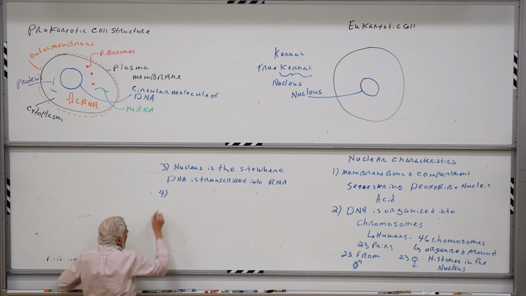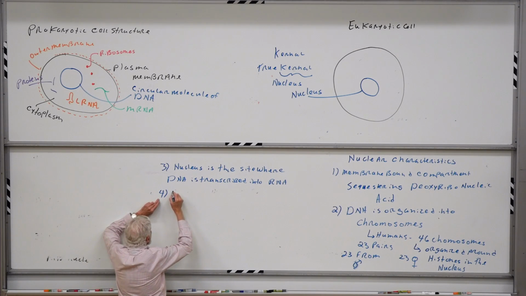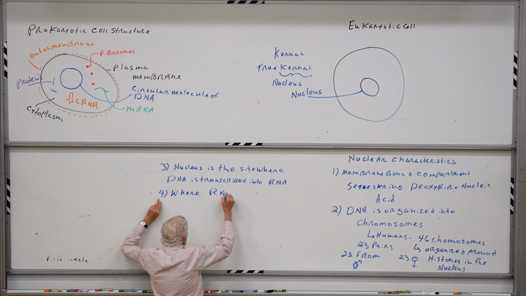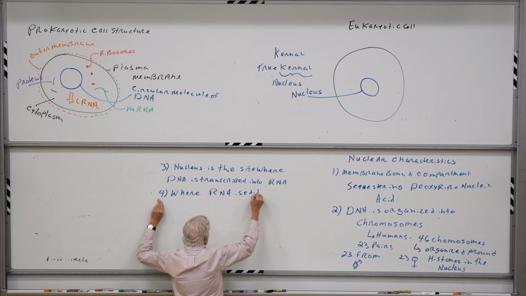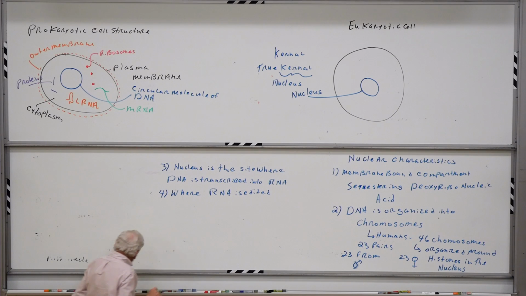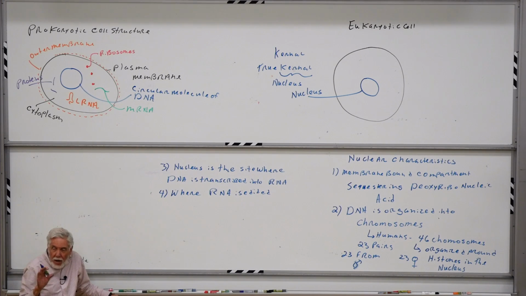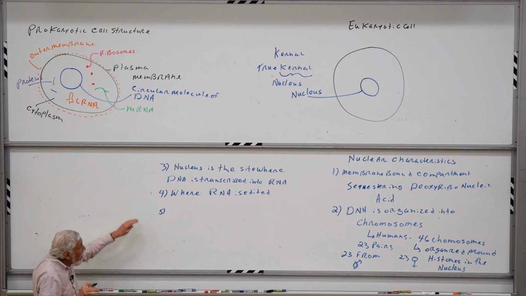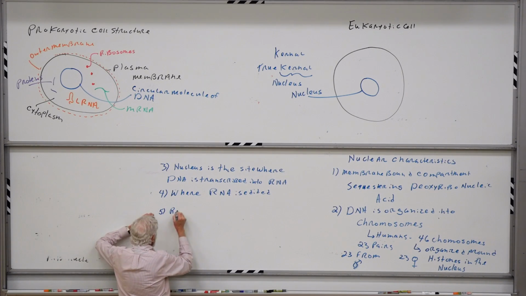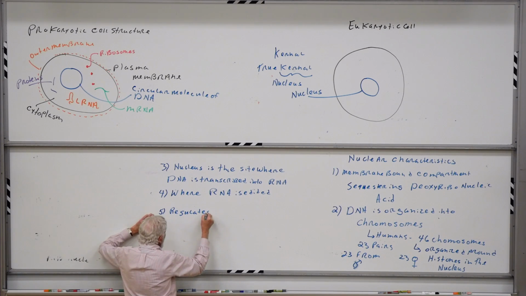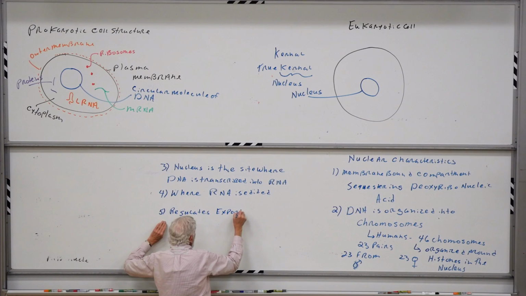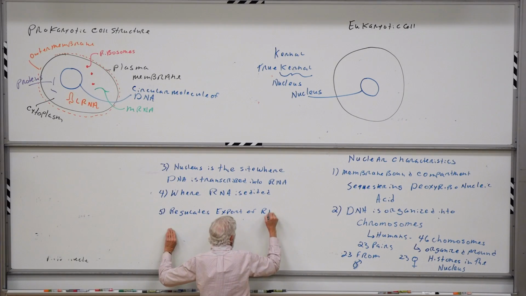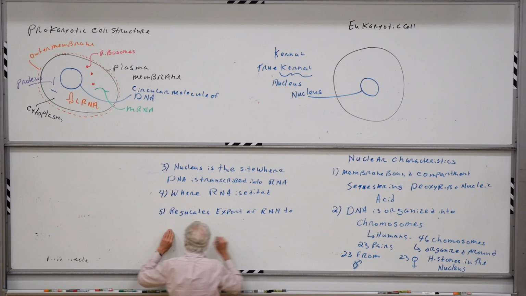I should say, too, we'll see a little later, that it also is the site where RNA is edited. So for the most part, whatever you're going to do to RNA, however you're going to modify it, how you're going to edit it, how you're going to make it, that's all in the nucleus. But the other major idea of what the nucleus does is it regulates export of RNA to the cytoplasm.